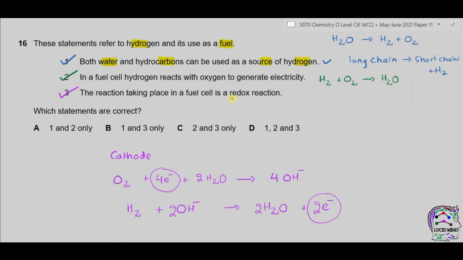So therefore this is a redox reaction. Now second option is also obvious from this equation. We can see that hydrogen gas forms electrons, so therefore it can be used to generate electricity. As all three options are correct, answer is therefore D.